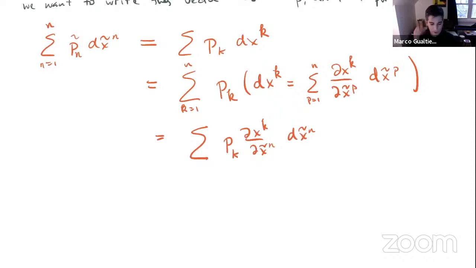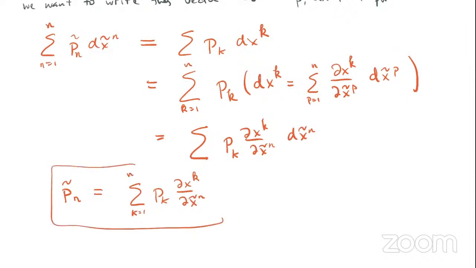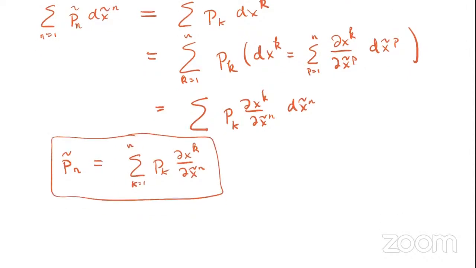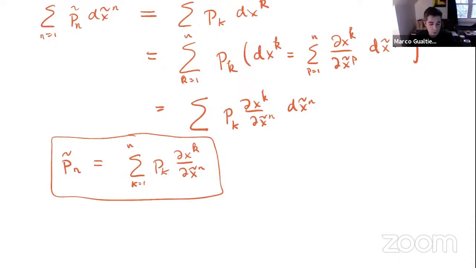So this is telling us that p tilde n is equal to a sum of pk dxk over dx tilde n. So you see that the new canonically conjugate variables can be written in terms of the p's and the x's.